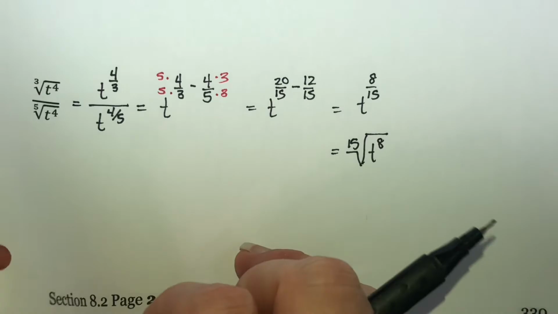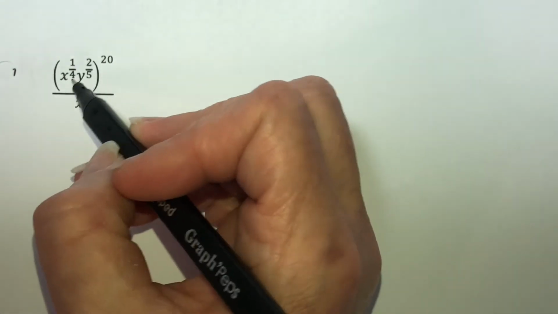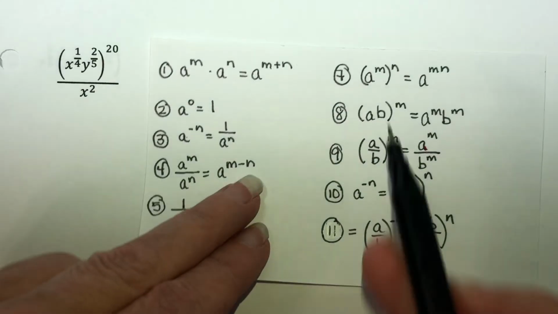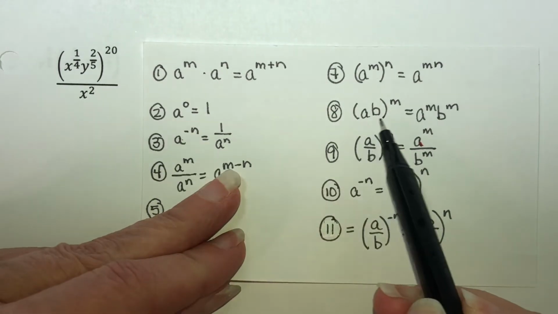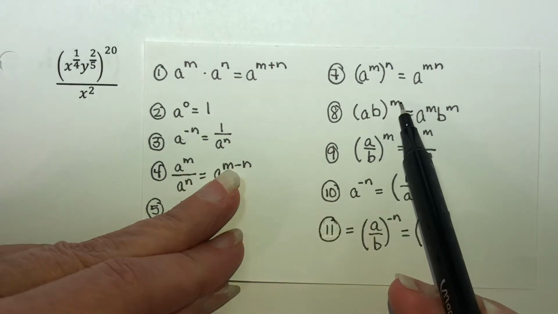Okay, so let's look here. I want to simplify this, and I have fractions multiplied together, different bases. So if I have basically this situation right up here in the top. Okay, I have two things multiplied together. I'm not worried about them having exponents, but they're raised to an exponent on the outside.